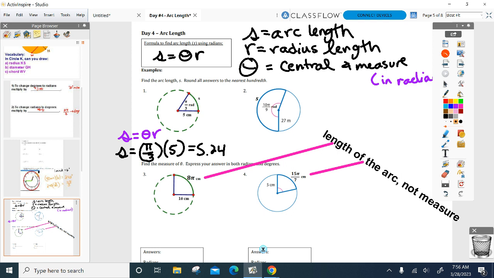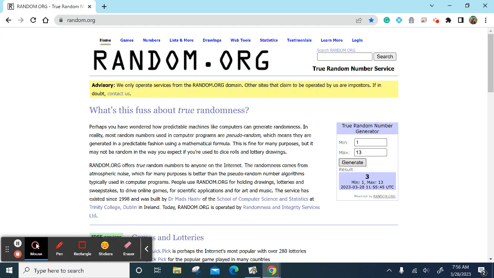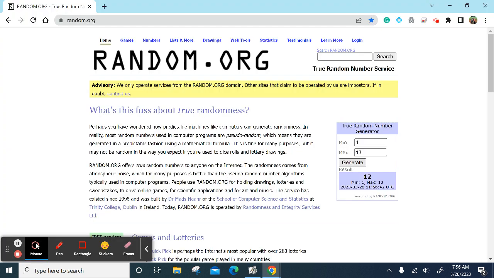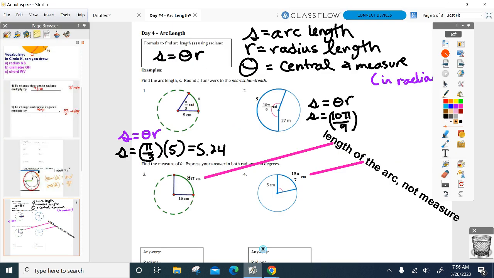All right, number 2. I look at the angle. The angle's in radians, so I'm going to use the formula that requires radians. Again, if you want, take 10 pi over 9, convert it into degrees, and use the formula I used on day 2. What's my angle measure in radians then? 10 pi over 9. So we go 10 pi over 9 times the radius length here, 27.